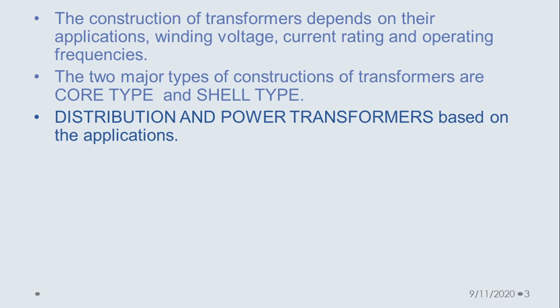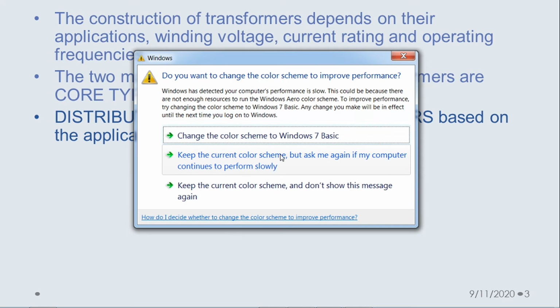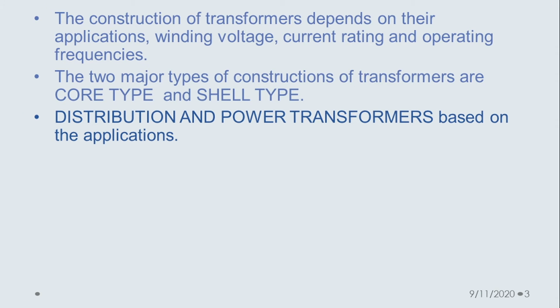The generating voltage will be around 6.6 kV or 11 kV, but that much voltage is not sufficient to transmit the power from the power plant to the load side. So we need to increase the voltage level. For that, we use power transformers. Distribution transformers are used on the consumer side, in primary distribution and secondary distribution.